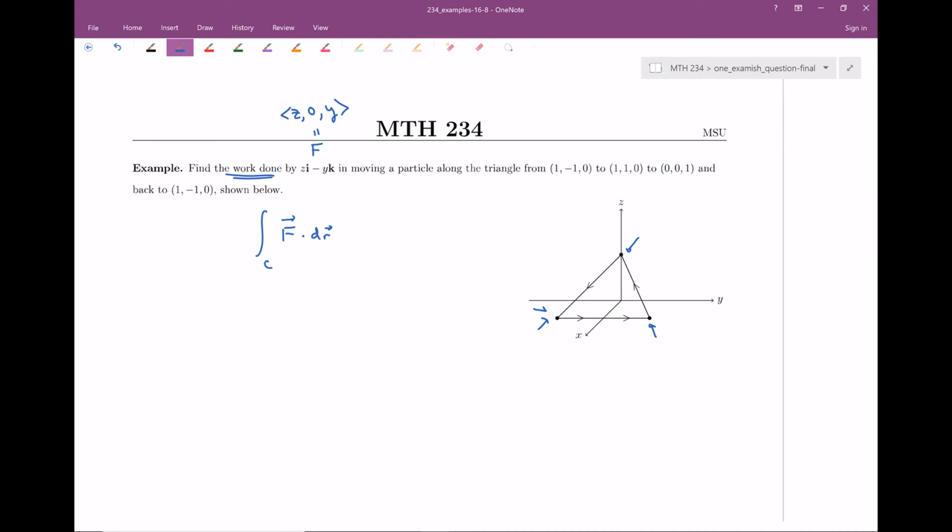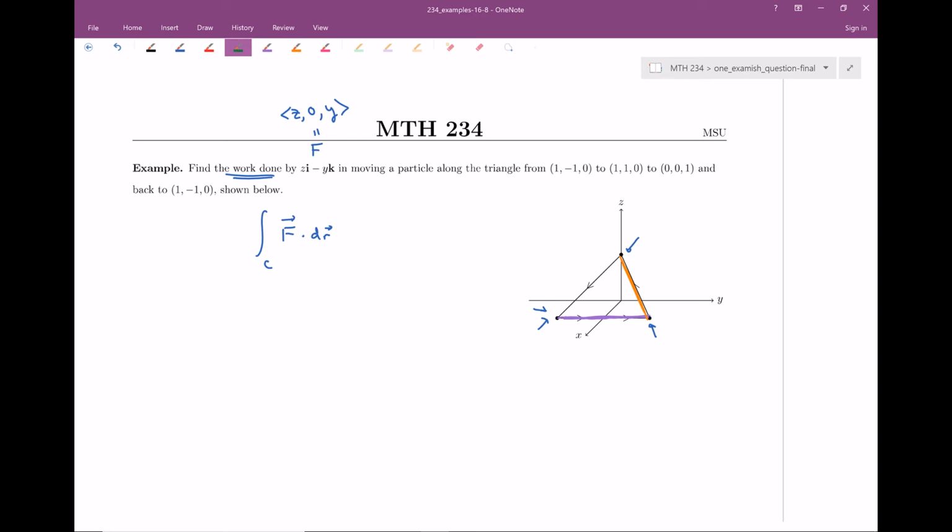We're interested in the work done by this vector field pushing along this triangle. If you wanted to calculate the line integral, this is certainly an option, but there are three pieces. We would have to parameterize this piece, figure out our dr, all that good stuff. Then we would do another line segment, parameterize it, calculate its derivative, do the dot product and the evaluation.